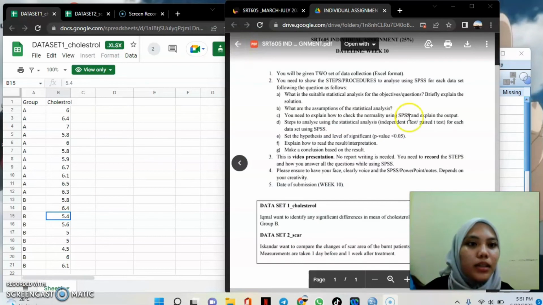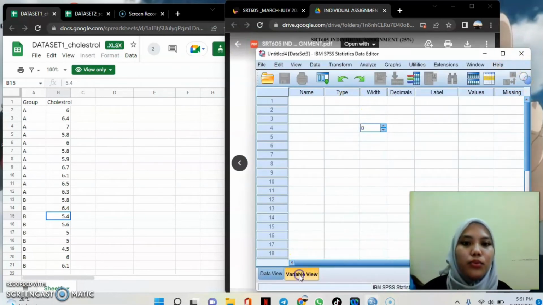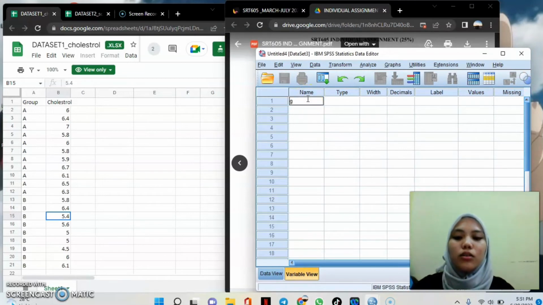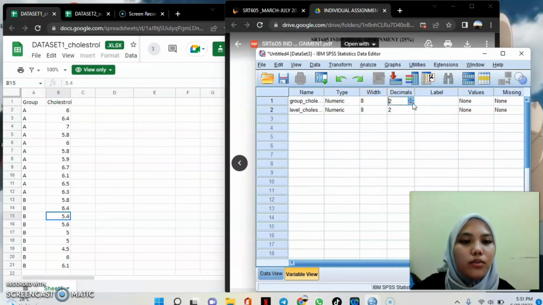So now we open the SPSS and variable view. First we put group_cholesterol, and the second one is level_cholesterol. For the decimal, group cholesterol will be 0 and level cholesterol will be 1.